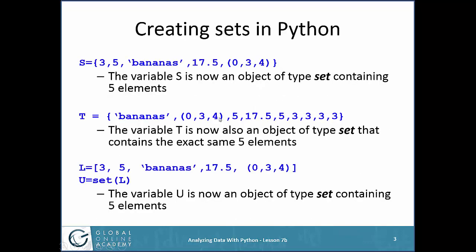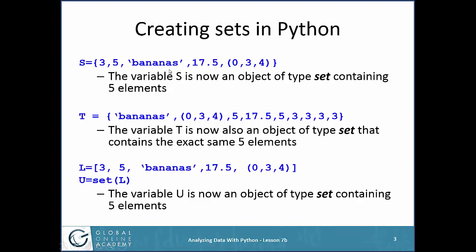So, how do we create sets in Python? Well, here's a way to do it. I can do s equals, and then in these curly braces, put my set elements separated by commas. We used curly braces in our last lesson to do dicts, dictionaries, but each item separated by the commas was a key value pair. Here I'm just putting the values in.